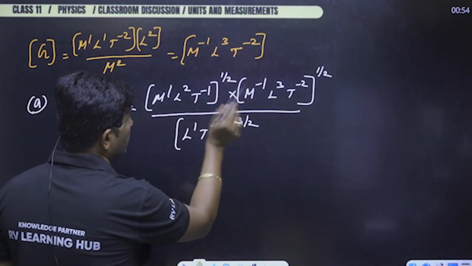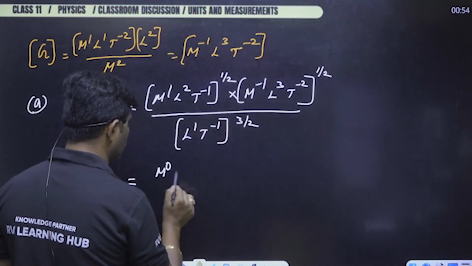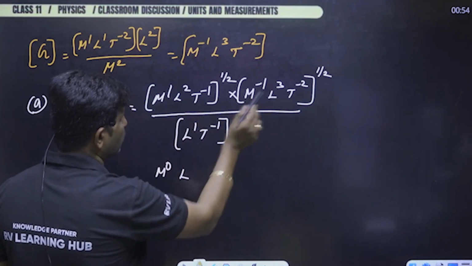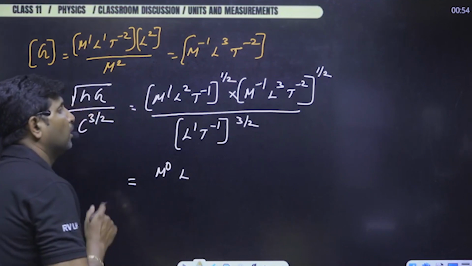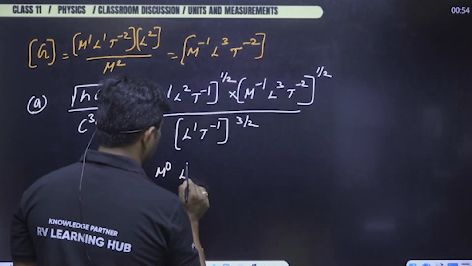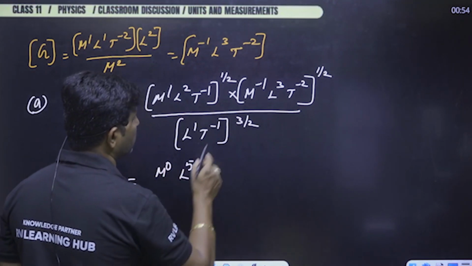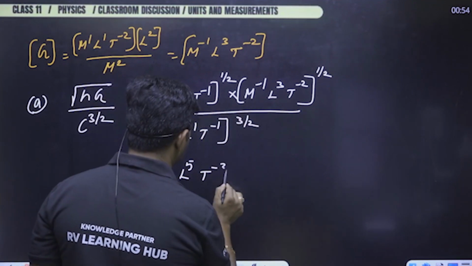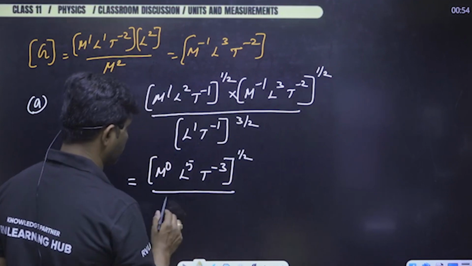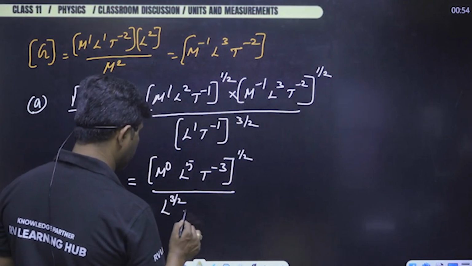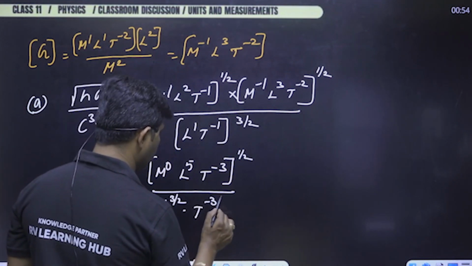M power 1 and M power minus 1 will give M power 0. L to the power of 2 and L to the power of 3 gives L to the power of 5, and for T, minus 3, whole to the power of 1 by 2, divided by L to the power of 3 by 2 into T to the power of minus 3 by 2.